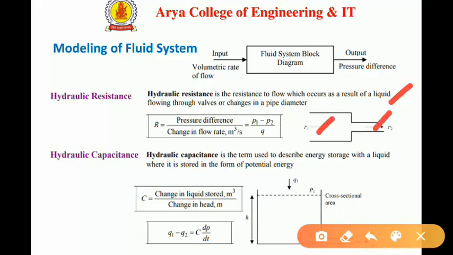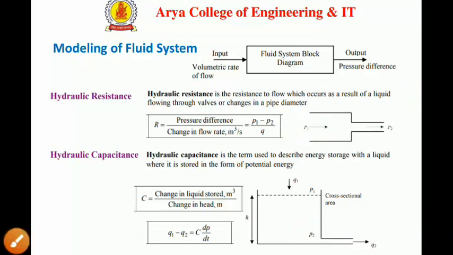So hydraulic resistance R is calculated by pressure difference upon change in flow rate. It can be written as P1 minus P2 upon Q. Q is change in flow rate, and P1 and P2 are the pressures, that is pressure difference. P1 is the pressure at one side, and P2 is the pressure at another side.